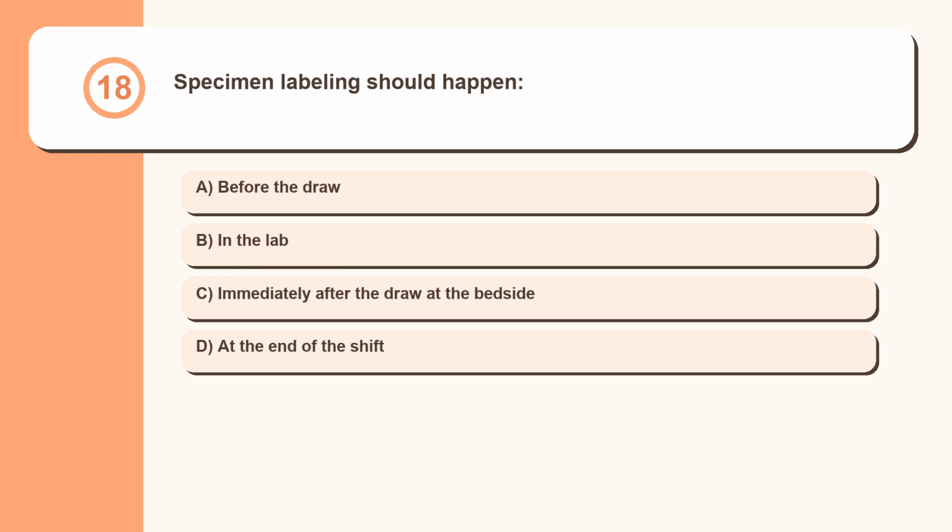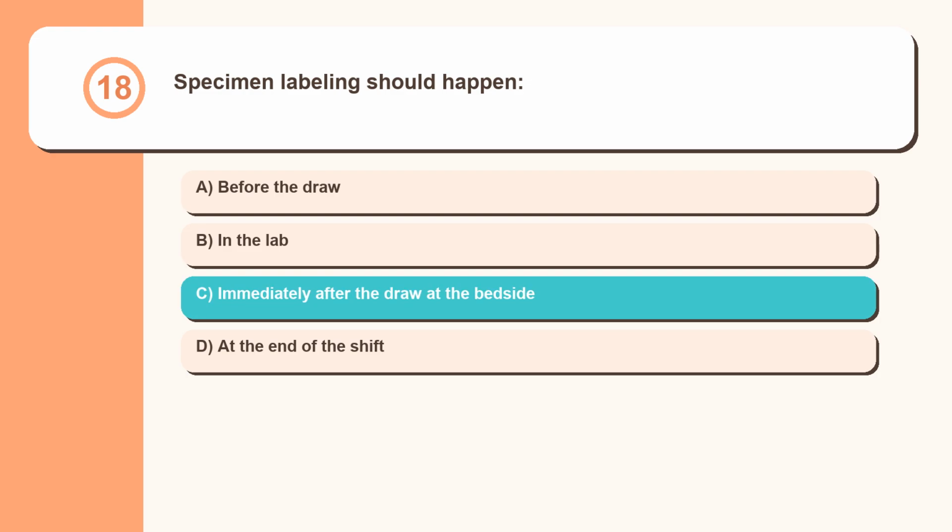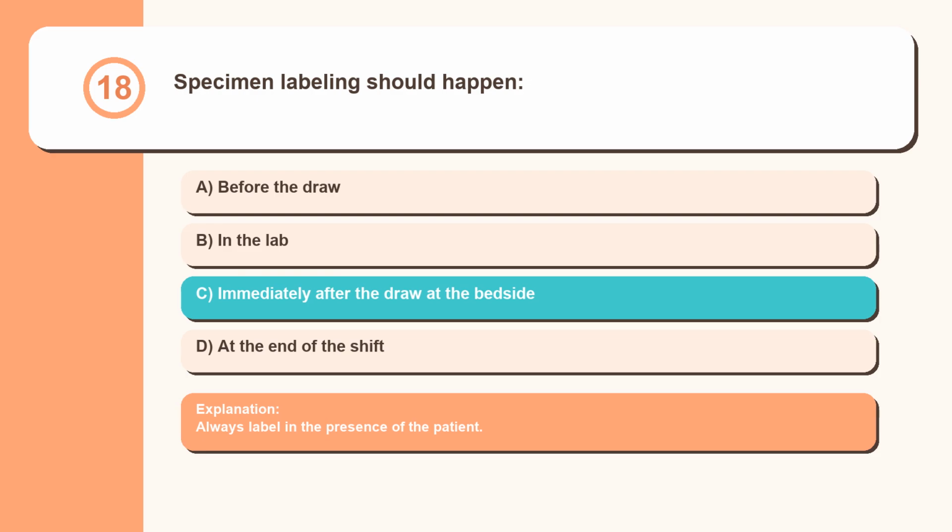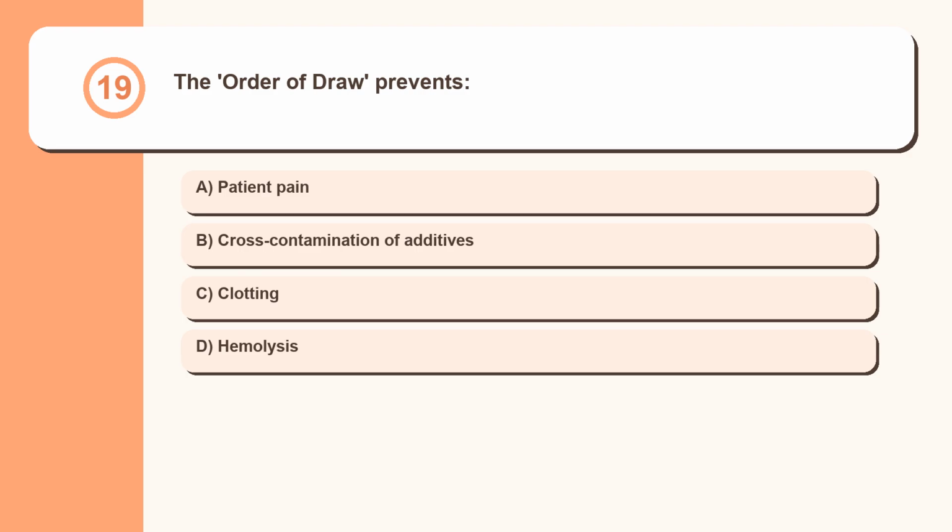Question 18. Specimen labeling should happen: before the draw, in the lab, immediately after the draw at the bedside, at the end of the shift. Always label in the presence of the patient. Question 19. The order of draw prevents: patient pain, cross-contamination of additives, clotting, hemolysis.